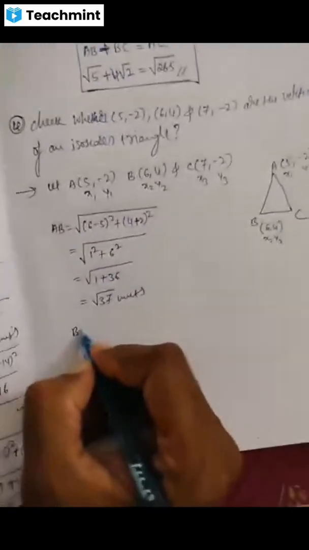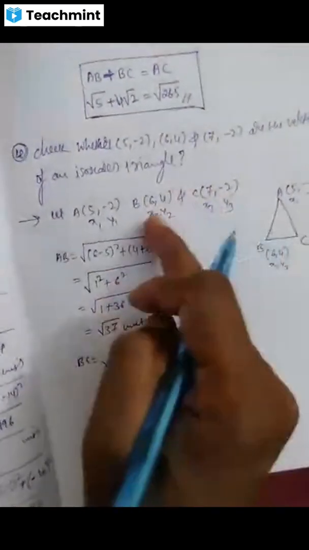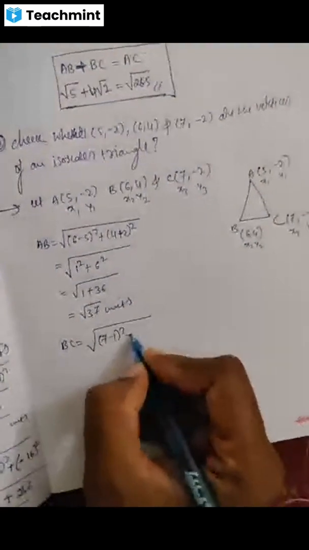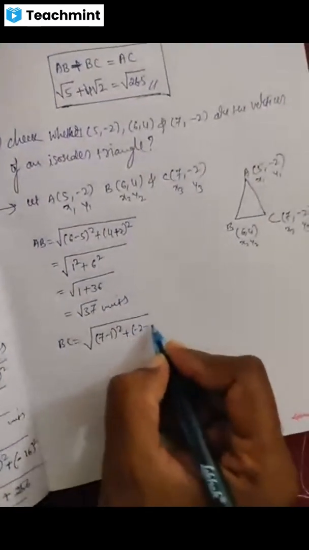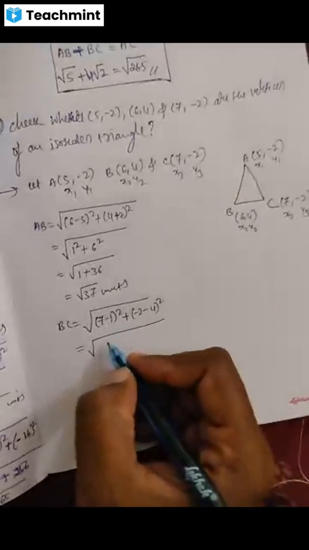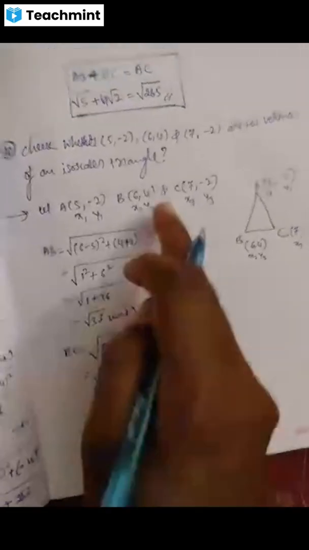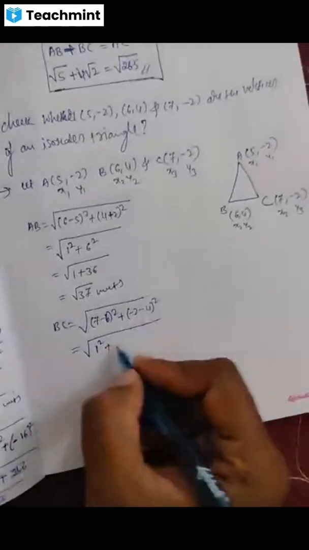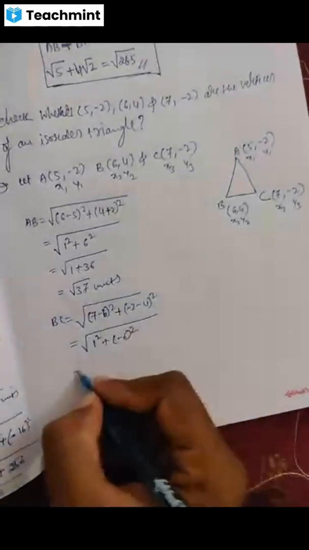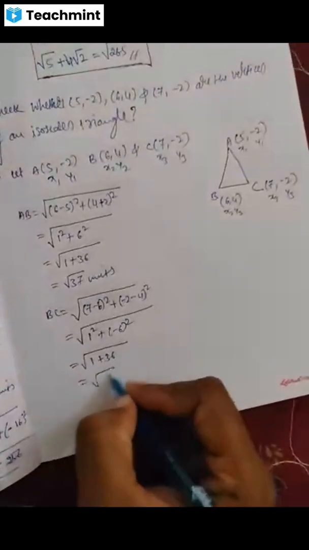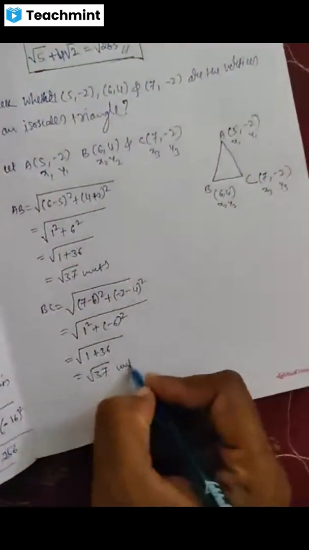BC is given by x3 minus x2, so 7 minus 6 whole square plus minus 2 minus 4 whole square, that is 1 square plus minus 6 square, equal to 1 plus 36, root 37 units.